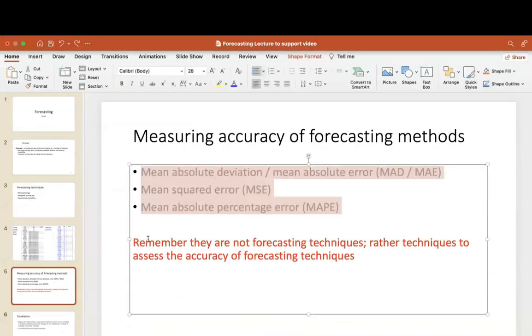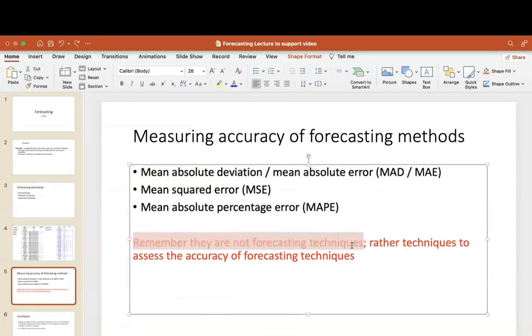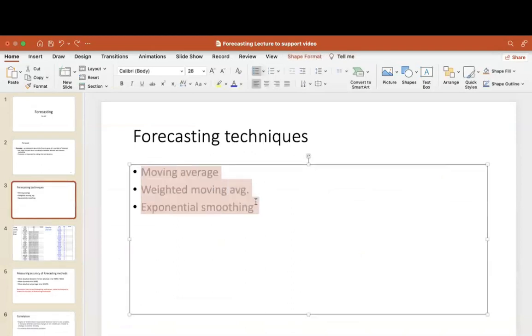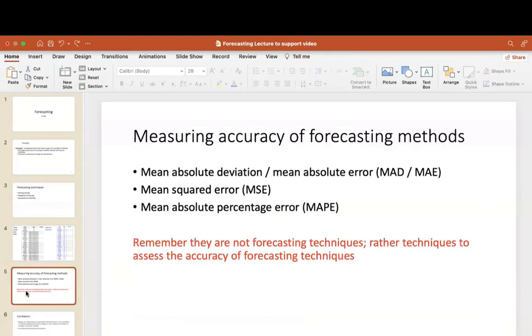And again, here is a reminder that when we talk about forecasting, these are the forecasting techniques: moving average, weighted moving average, and exponential smoothing. These techniques, MAD, MSE, and MAPE, are not meant for forecasting. They are not forecasting techniques, but they are meant to measure the accuracy, robustness, or adequacy of those techniques.